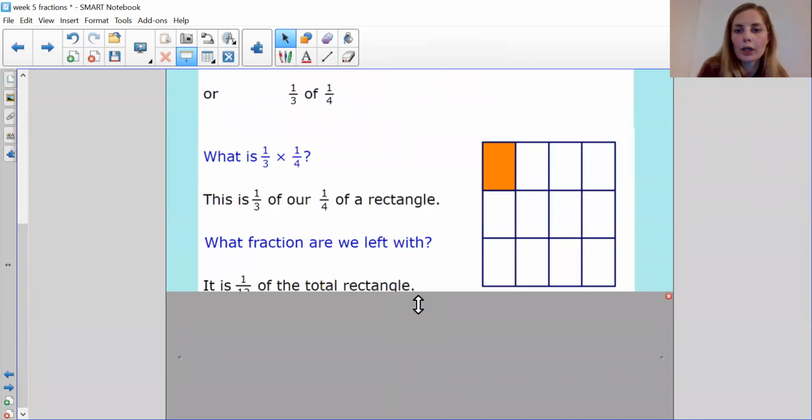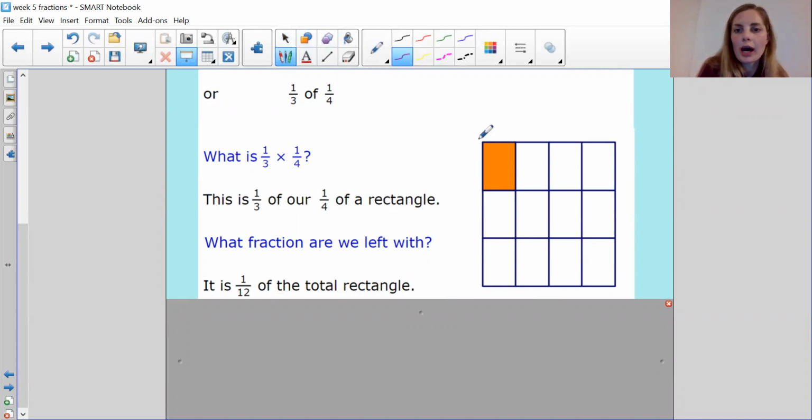So you will notice here are my quarters, and now I've divided this shape, this rectangle, into thirds. Can you see that there? So I've taken that shape, and I had quarters. If I do it in green, let's say I do this in green, ignore the orange for now. There's my quarter.